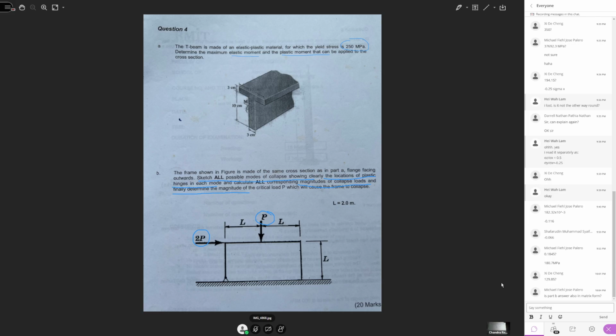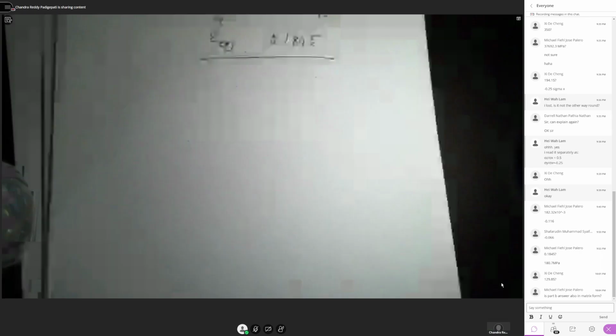In all three cases, we clearly show the plastic hinges and try to calculate the plastic load. All right, I'll go back to my camera, then we'll try to draw the plastic collapse modes.